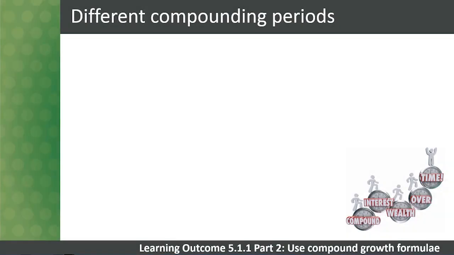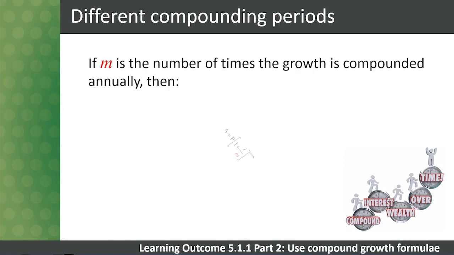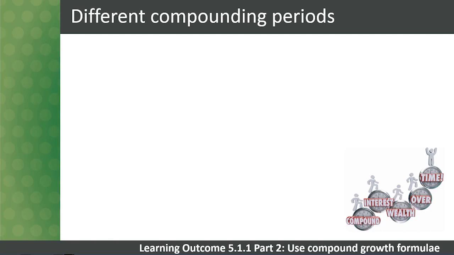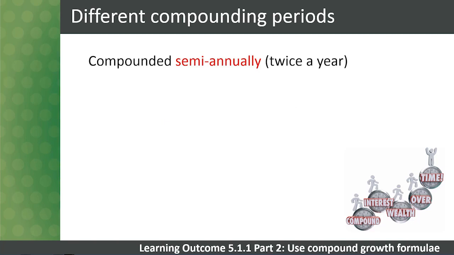So how do we adjust the formula when working with different compounding periods? The formula becomes this, where M is the number of times that the growth is compounded annually. Let's look at some examples of different compounding periods. If the growth is compounded semi-annually, that's twice a year, then the formula will look like this.